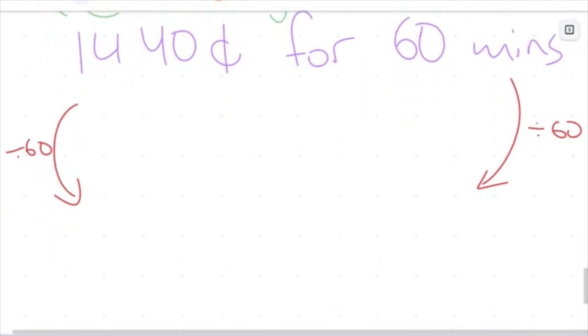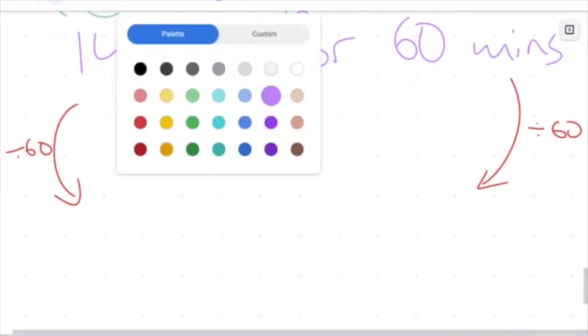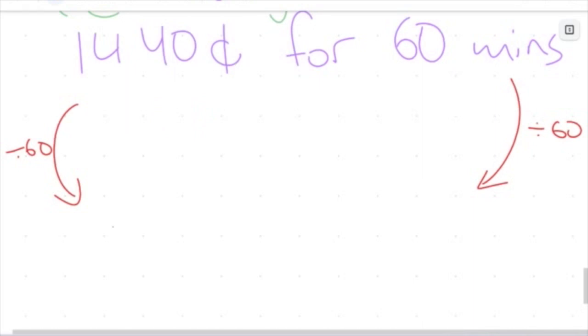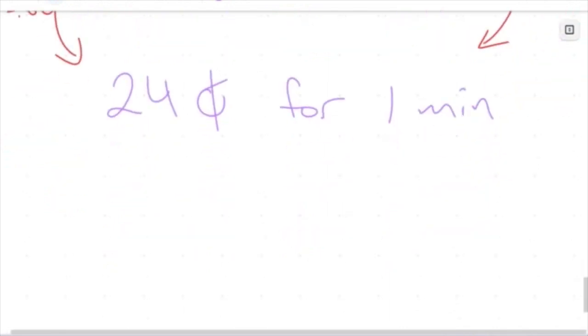So dividing both sides by 60, I'm going to get 24 cents. Dividing 1,440 by 60 gives me 24 cents, and my 60 divided by 60 gives me 1 minute.